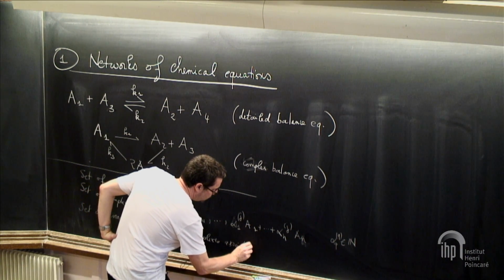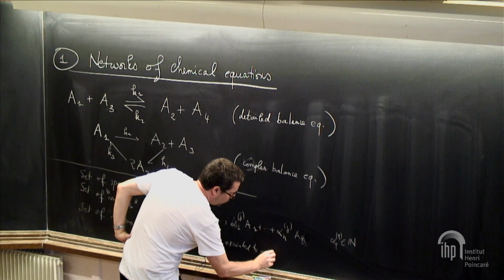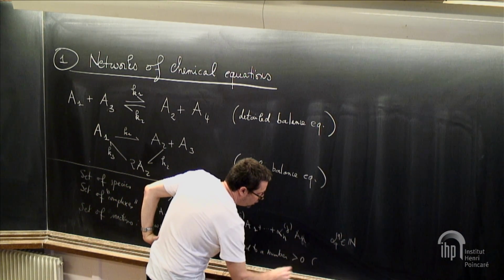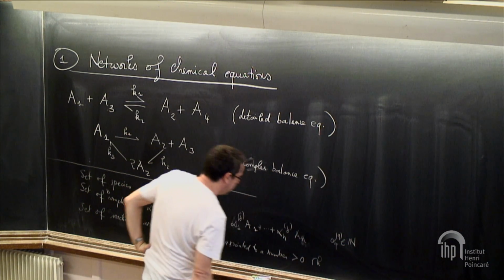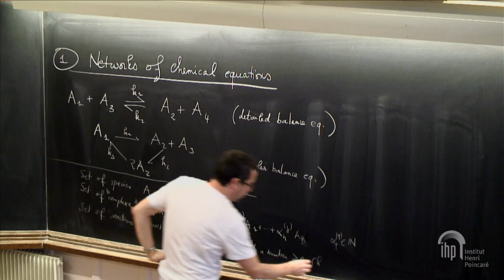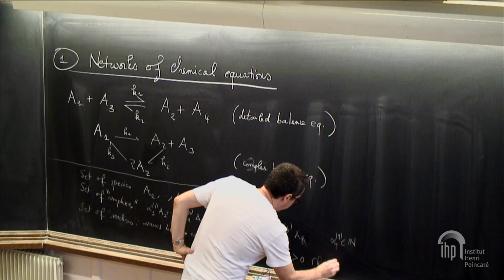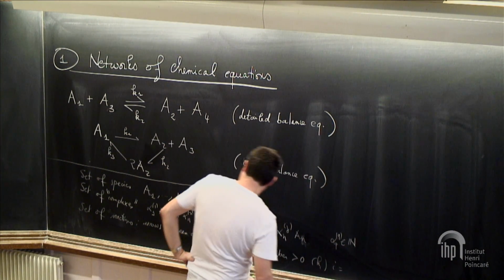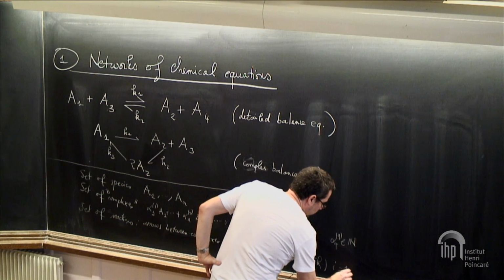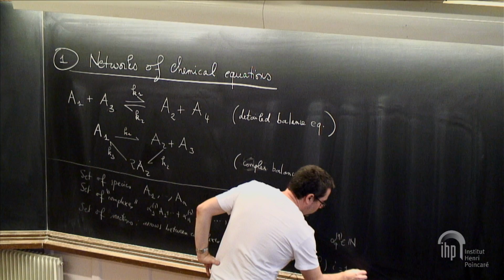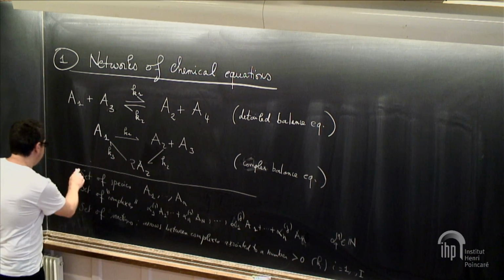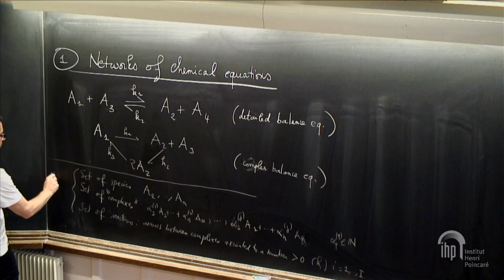Associated to a number strictly positive, which is denoted usually by, let's say, Ki, and I here is going from 1 to yet another number, which we can call capital I. So this is, by definition, a chemical network.